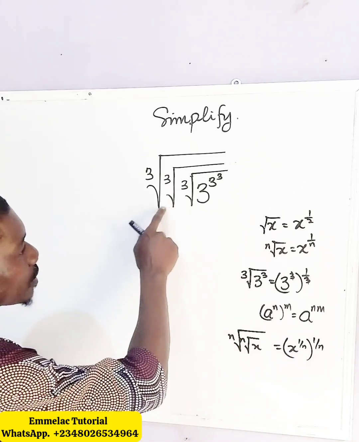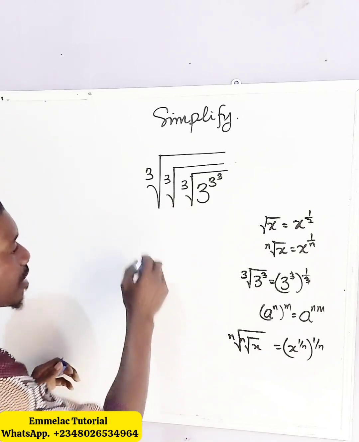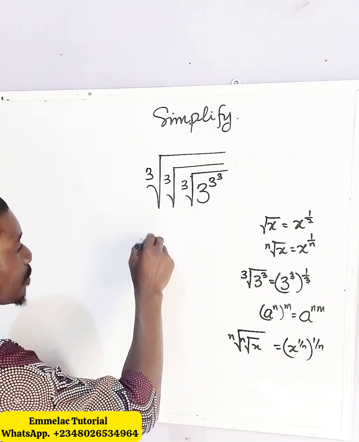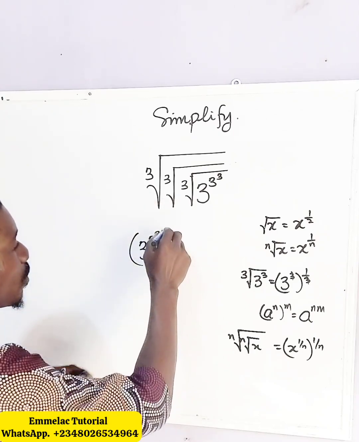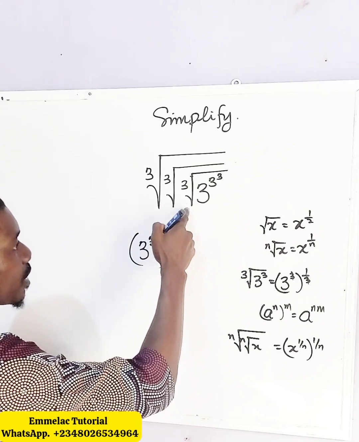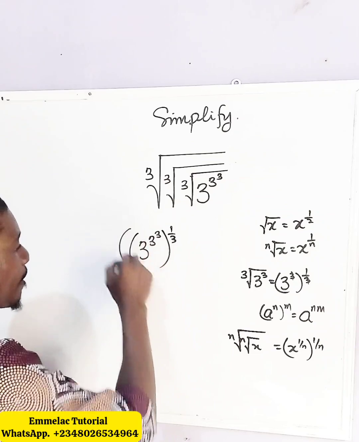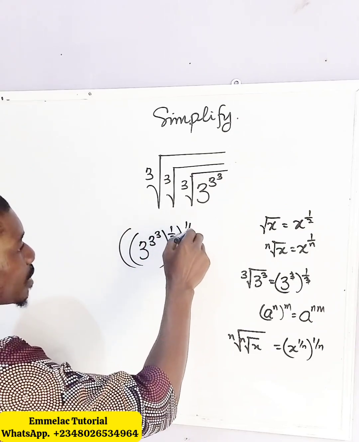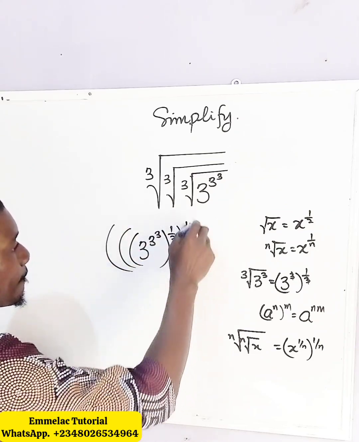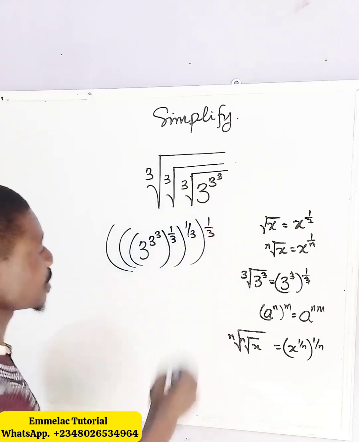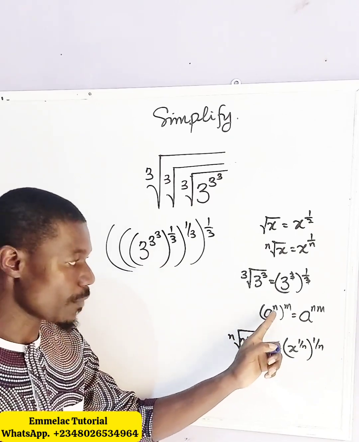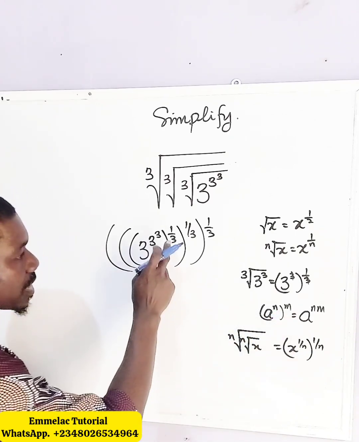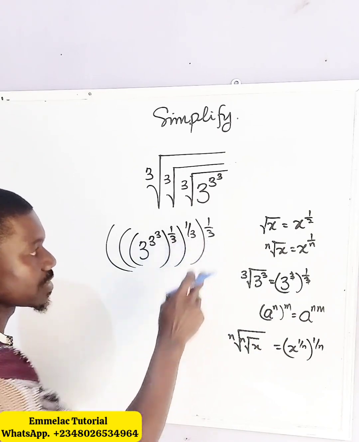Here we have 3 raised to the power of 3 raised to the power of 3, all raised to the power of 1 over 3, that is the first one. Then the second one, 1 over 3. The third one, 1 over 3. Now applying this rule of multiplying the exponents, these will multiply.